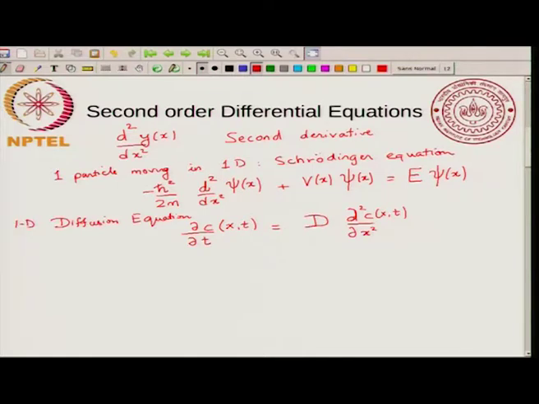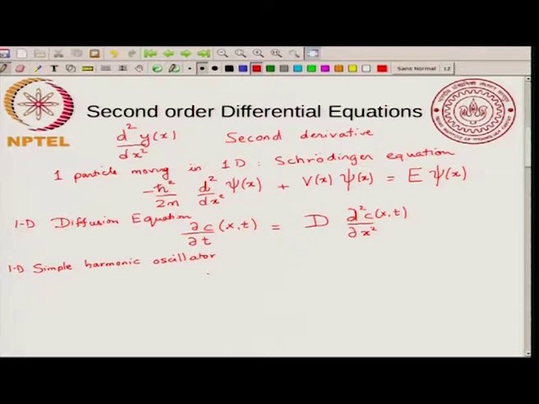The wave equation will have a d square by dt square with a very similar looking right hand side. Essentially these sorts of equations are something that you see all the time. I'll just add one more equation, the simple harmonic oscillator, again in one dimension.